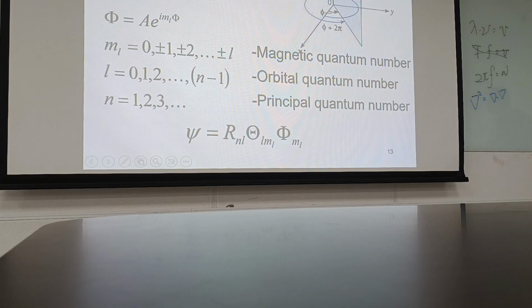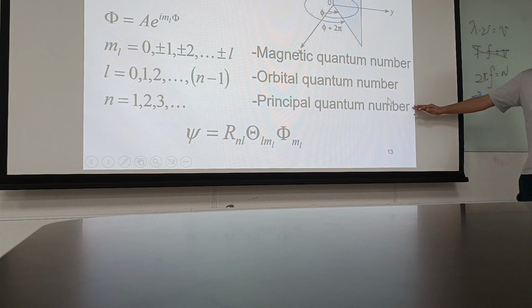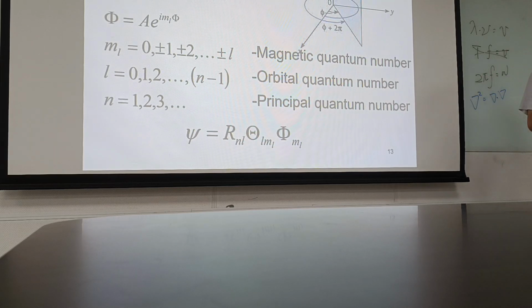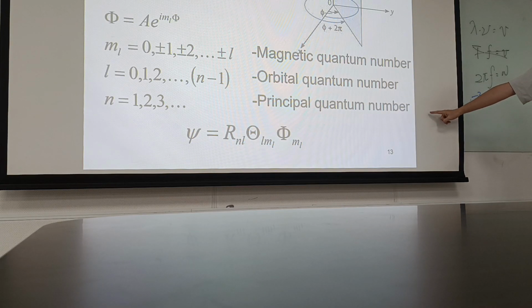This is the ML quantum number. Later we'll explain what ML is, what an orbital is. And the final one is the principal quantum number. You learned this before, when you did the one-dimensional Schrödinger equation, the last example with Professor Du. At that time, because it's one-dimensional, the potential well, you have only one quantum number, the principal quantum number.